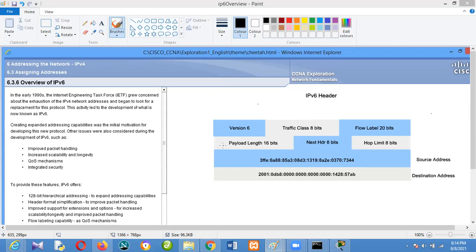So IP version 5 was designed, but that one was discarded. Then IP version 6 was finally designed.